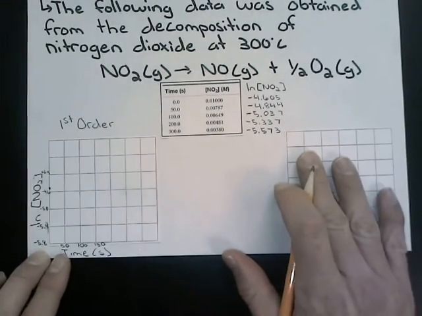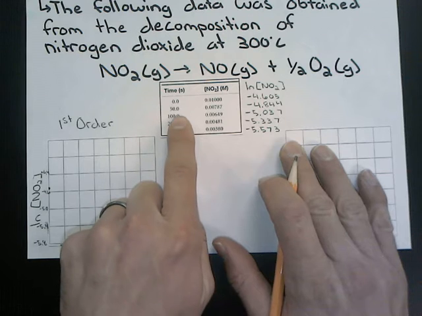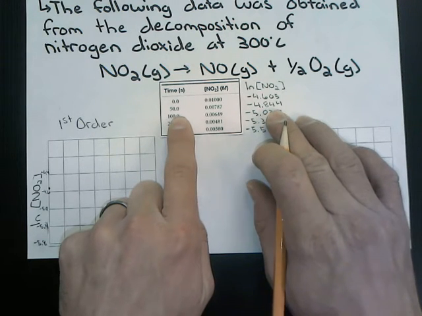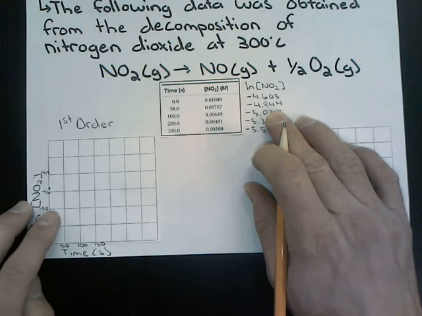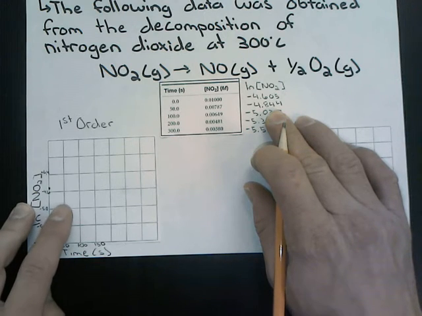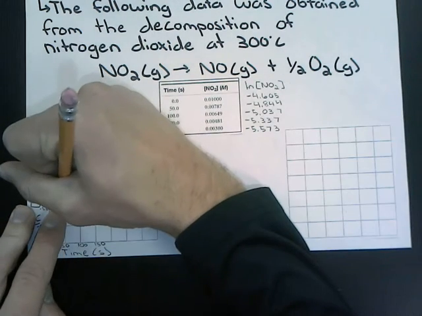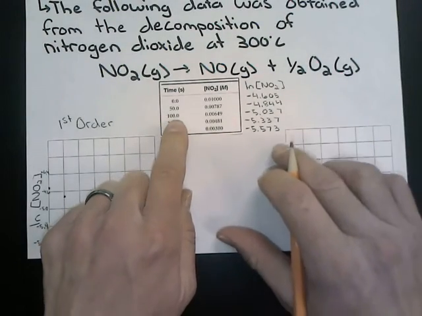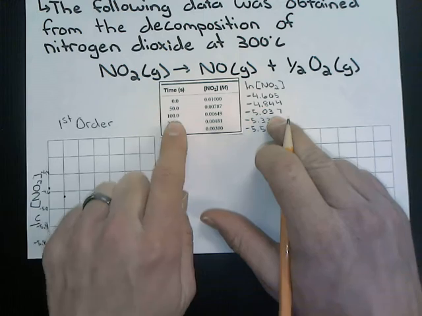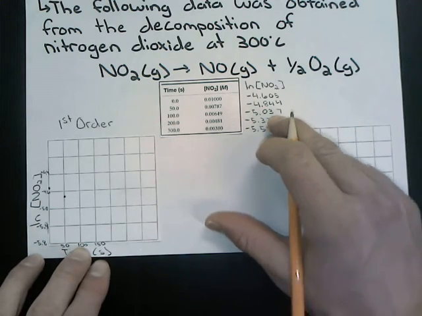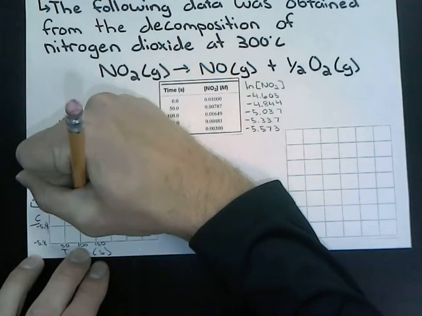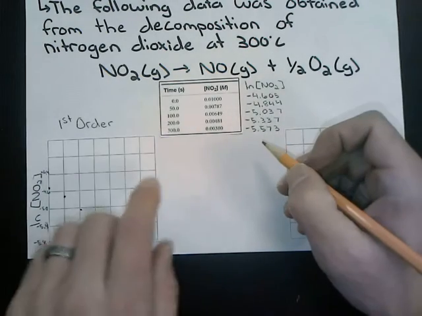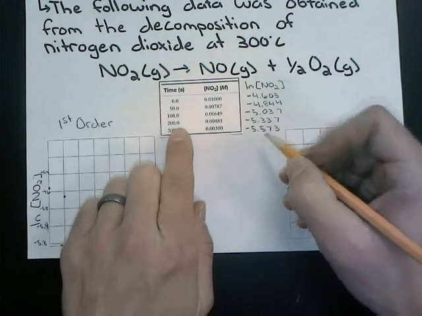All right, then we're going to go to time equals 50 and negative 4.844. So this plot would roughly be about here. And then we're going to go to 100, negative 5.037. 200, we got to be careful on our graph.